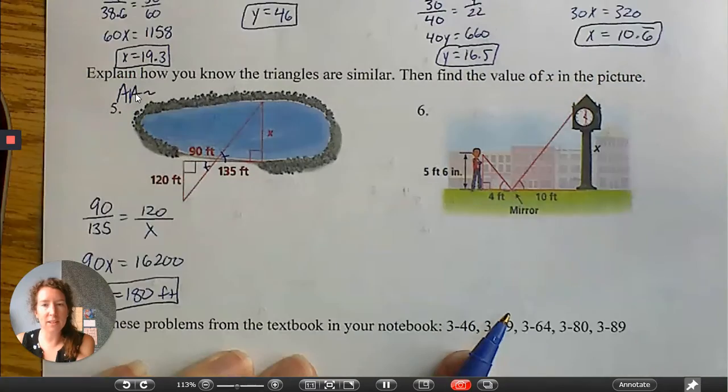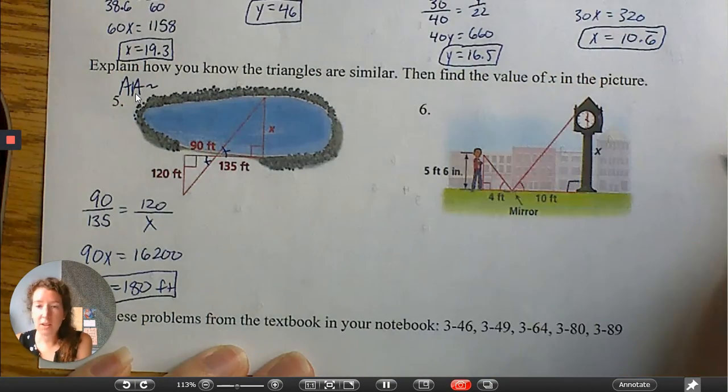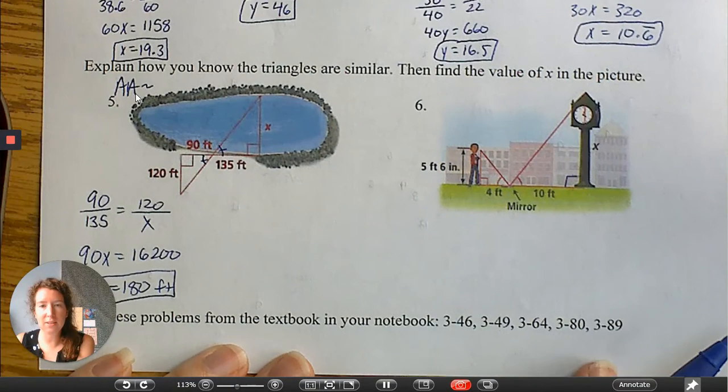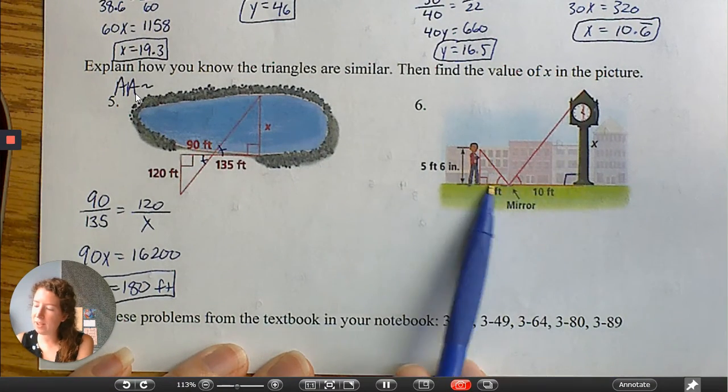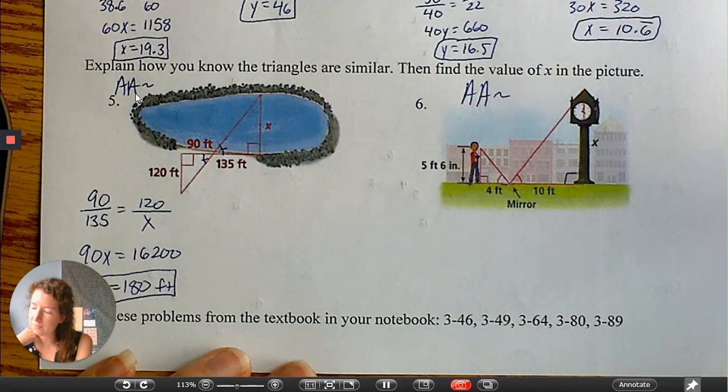Looking at number 6, again, assuming that that's the right angle there because it's a clock tower, we have triangles that are similar by angle-angle similarity.